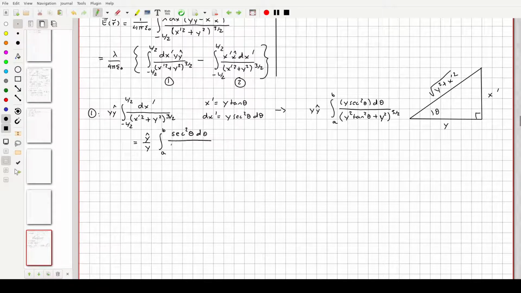So as before, when you turn this into a secant squared, it's secant squared raised to the 3/2 power, which is secant cubed. You have secant squared over here. This whole thing right here ends up being 1 over secant theta, which ends up being a cosine of theta, just like before.